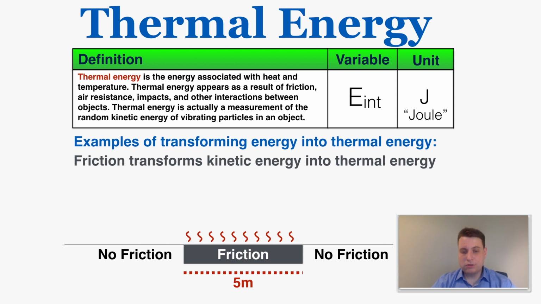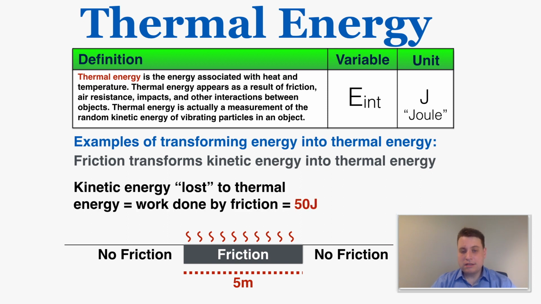And so if the friction is doing negative work, what that means is that it's taking energy out of the object. It's taking exactly 50 joules out of the object. So that means that the exact amount of kinetic energy lost to thermal energy is exactly equal to the work done by friction, which is 50 joules. So if this object was moving with a certain amount of kinetic energy, it just lost 50 joules of that kinetic energy to thermal energy.